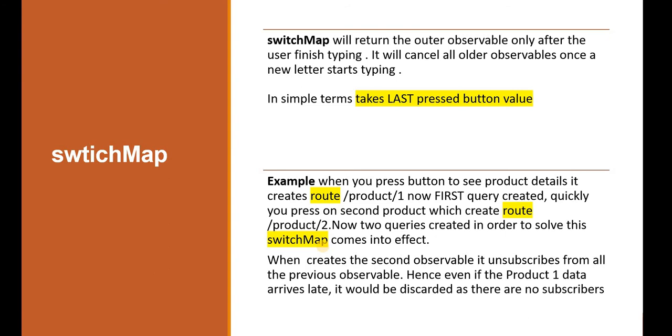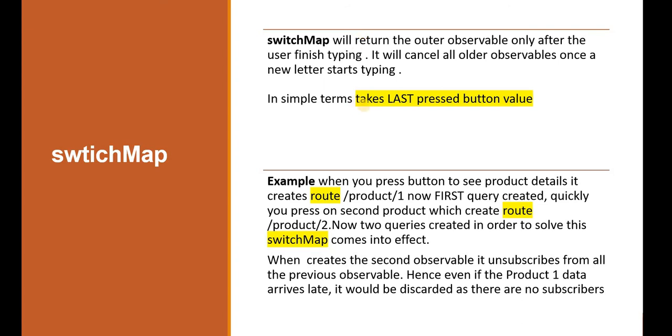Hence, if product 1 data arrives late, it would be discarded as there is no subscriber, right? So in a nutshell, we can say that it simply takes the last pressed button value. I will show you one example with a text box in which I will type characters continuously.